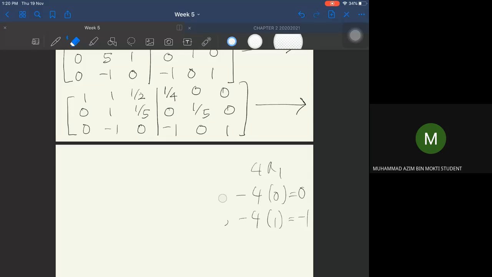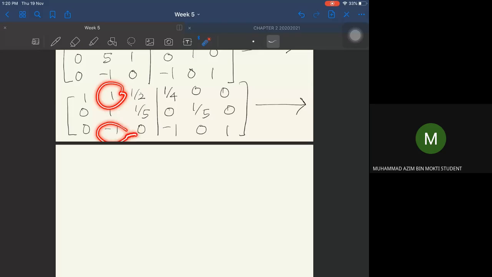Okay, so what will be the operation untuk jadikan 1 dengan -1 dekat kolom yang kedua tu kosong? Apa akan jadi dia punya operation untuk jadikan ni kosong, untuk jadikan ni kosong? So row yang saya nak ubah adalah row yang pertama. So plus 1, so akan jadi tolak 1 row. Betul. So lagi satu, apa dia punya operation?